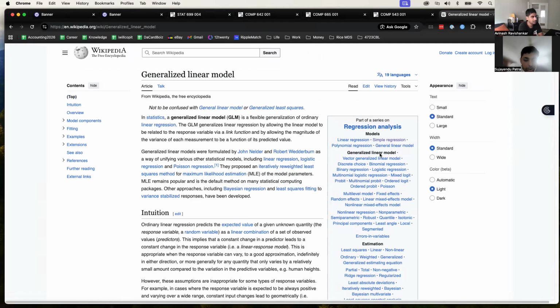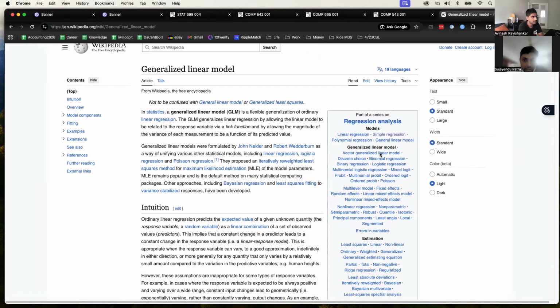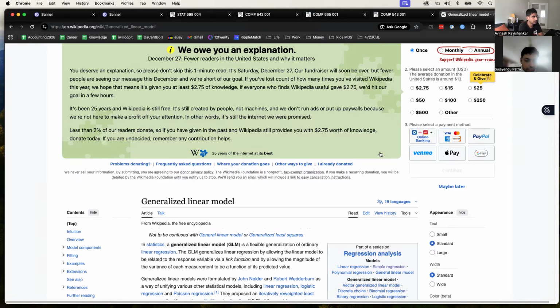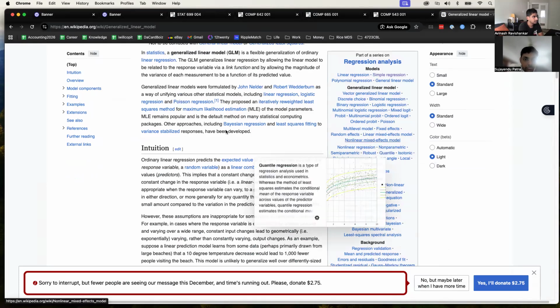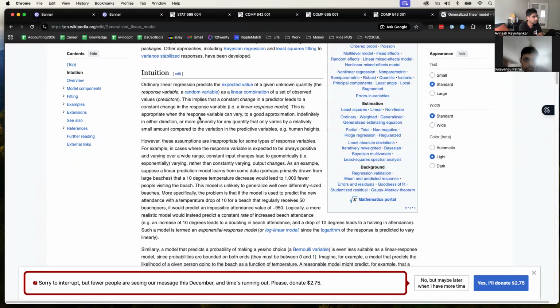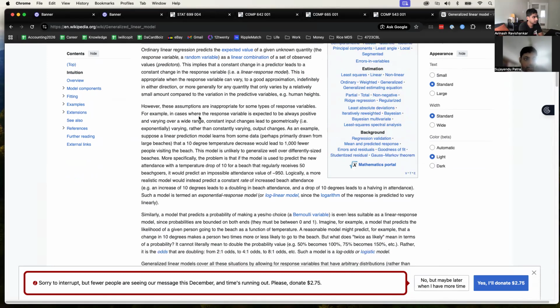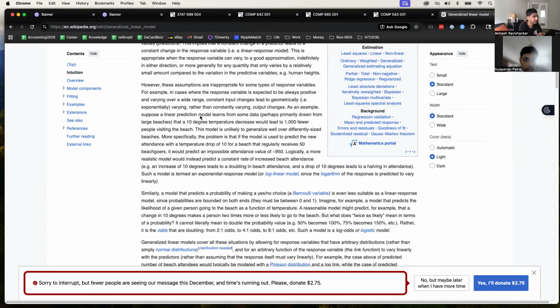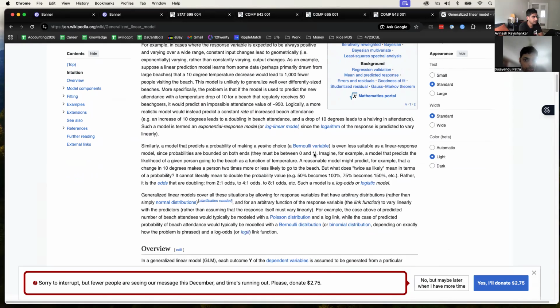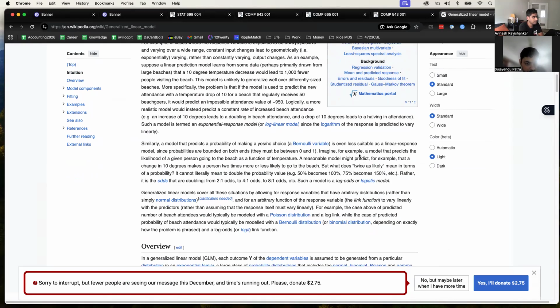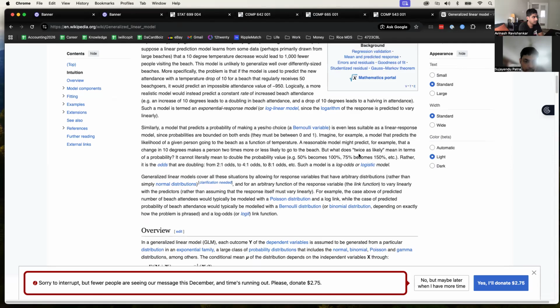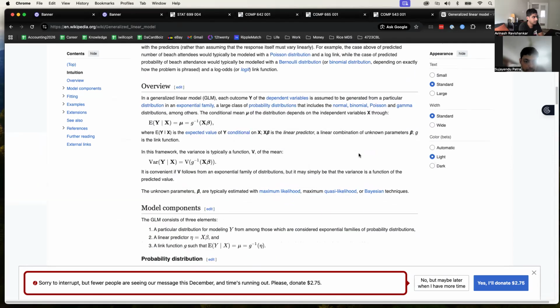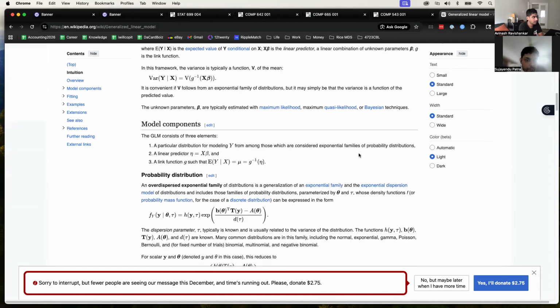Now scroll down to the model components, or something where we can see. You can read this whole page once if you want. It's very useful and very well written also. Yeah, below the overview. Yeah, stop here.